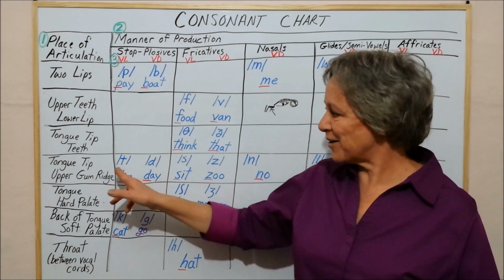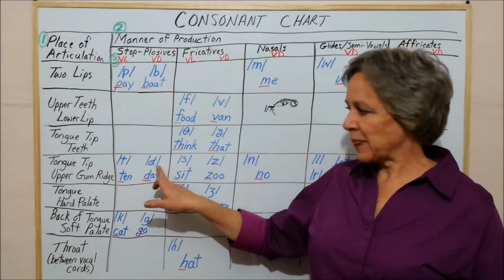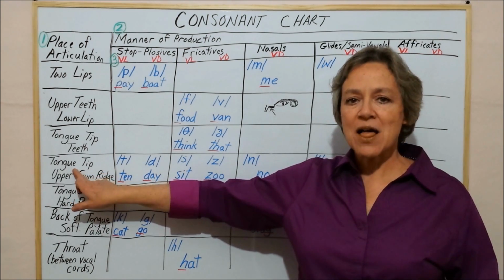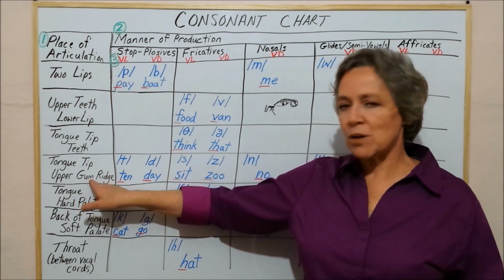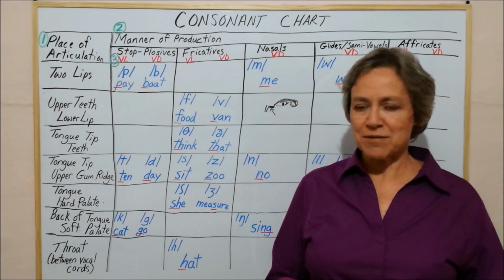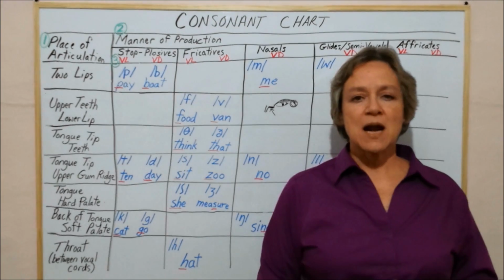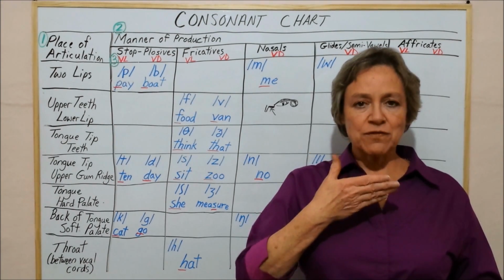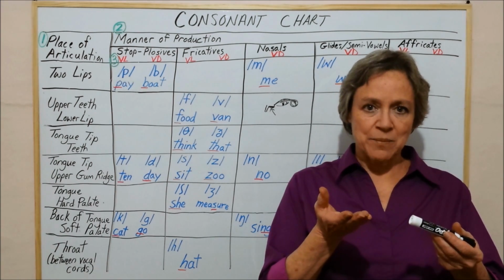So, let me go back here. I was talking about t and d. These are formed with the tongue tip, the tip of the tongue, at the upper gum ridge, so behind my upper front teeth, okay? But they are stop plosives. That means with my tongue there, I completely stop the flow of air momentarily, then I release it forcefully.